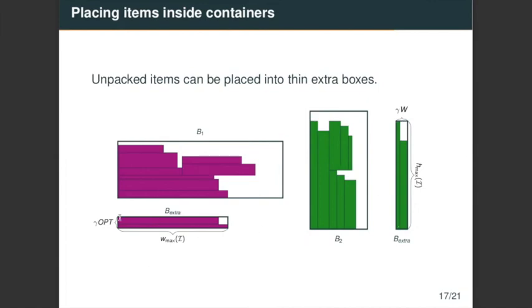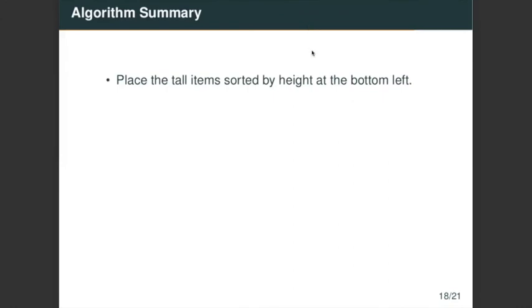So we need two extra rectangular regions, a horizontal region for packing the discarded horizontal items and a vertical region for packing the discarded vertical items. The important thing is that this vertical extra box can be placed inside the free area we introduced in the structural lemma.